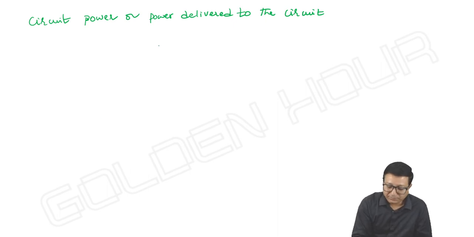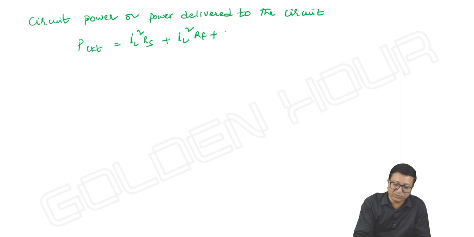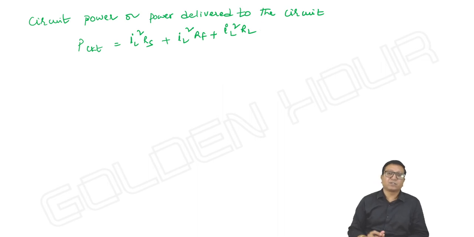I can write it like P circuit. It is nothing but IL square into RS across the secondary coil winding, plus IL square into the diode forward resistance, plus IL square into RL. The power delivered across each of the resistors.